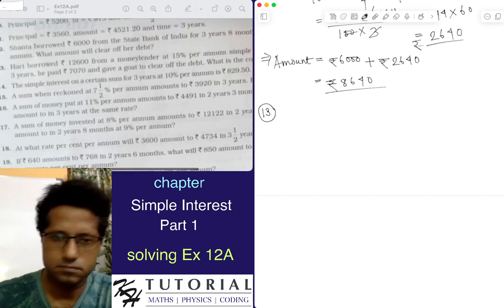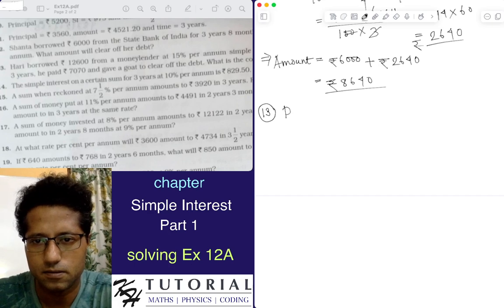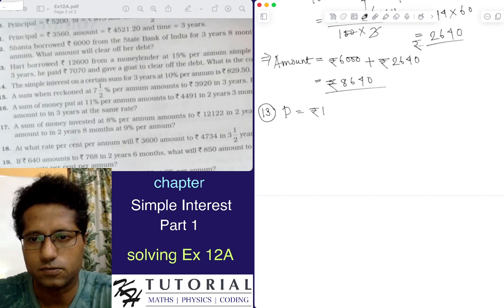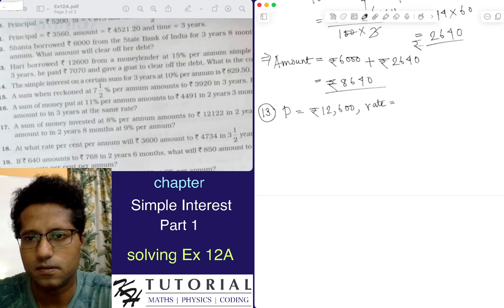So over here we have P equals 12,600 and the rate is given to be 15% per annum. Also T is given to be 3 years.